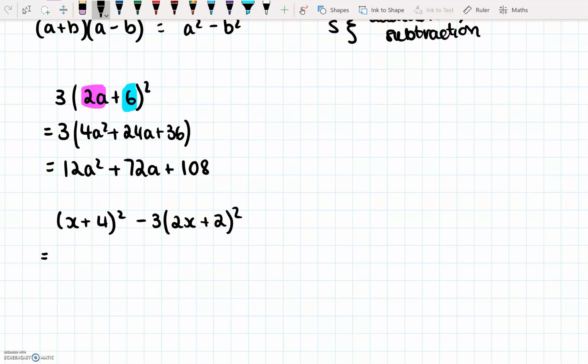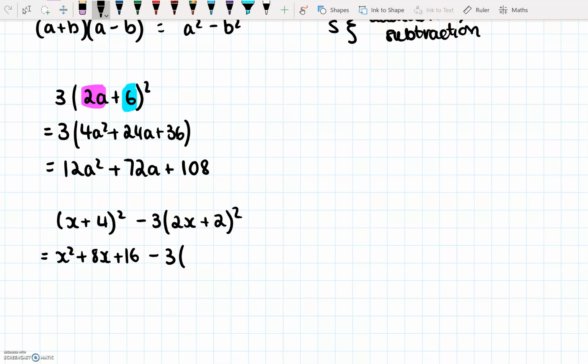B for brackets, we cannot do anything inside our brackets. I for indices, so we have the first term squared, so that's going to be x squared plus 8x plus 16 minus 3 times, and now we need to put the second lot of brackets inside another bracket. So this perfect square is going to stay inside a bracket. Okay, otherwise you'll forget to do minus 3 times each term.